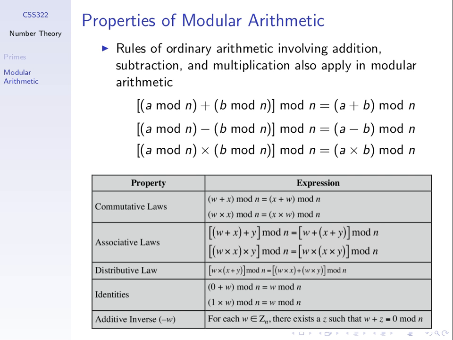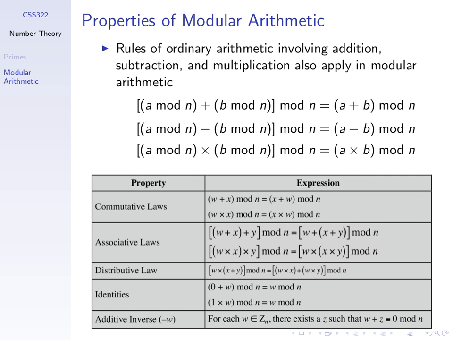For example, we can expand a multiplication out. 11 times 15 mod 8, using this rule, can be expanded to be 11 mod 8 times 15 mod 8, all mod 8.